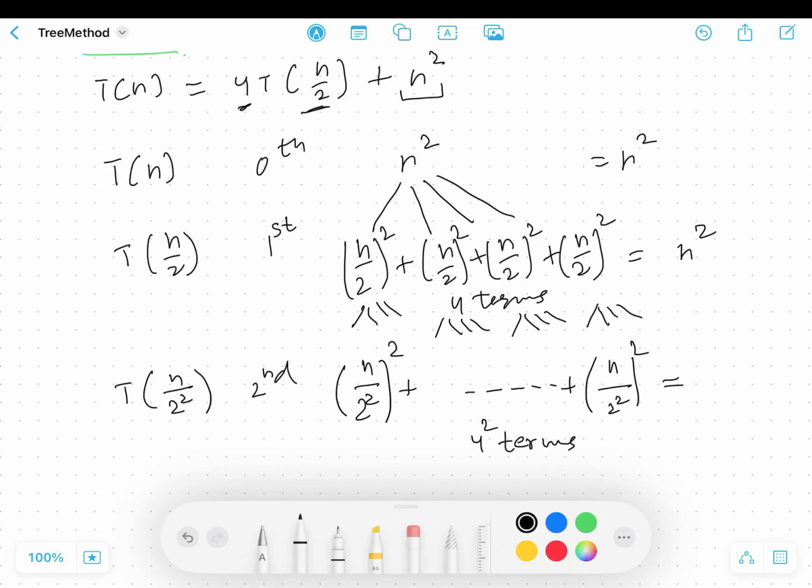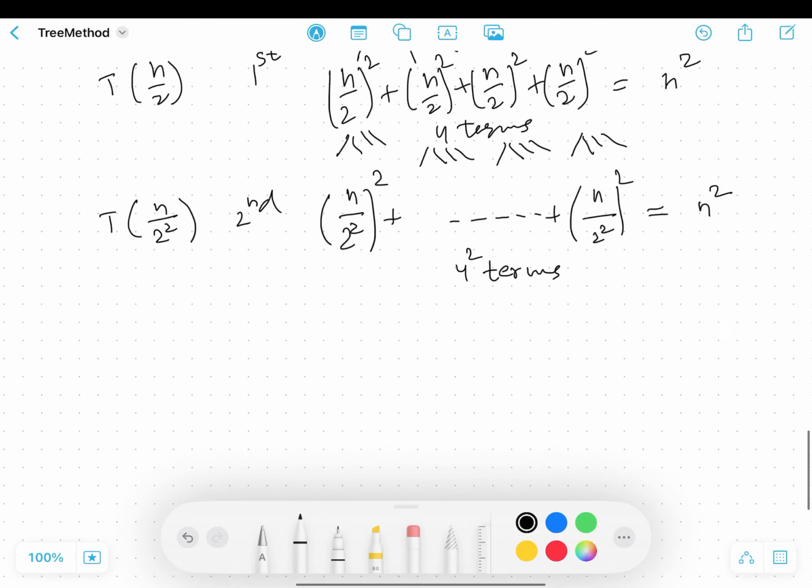And if we see, the sum will still be n square. So similarly, going like this until we reach level I, and we will get the ith level.